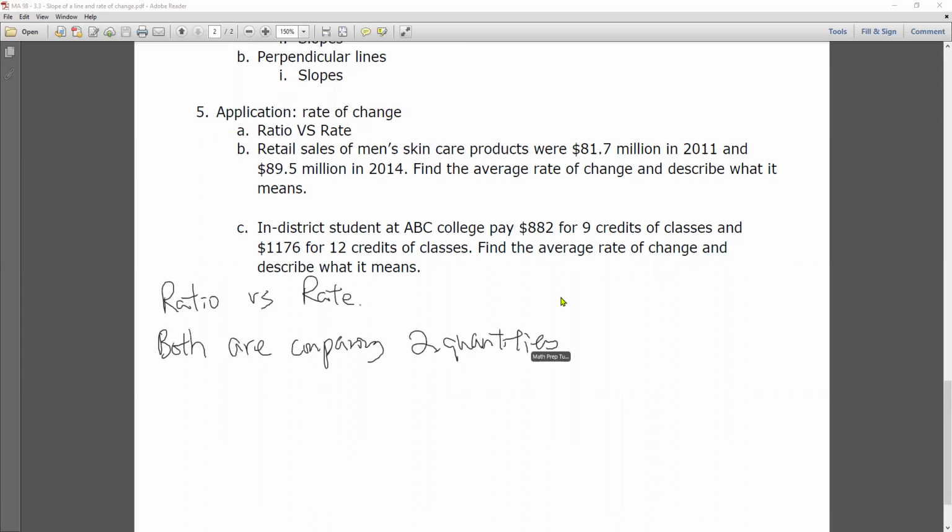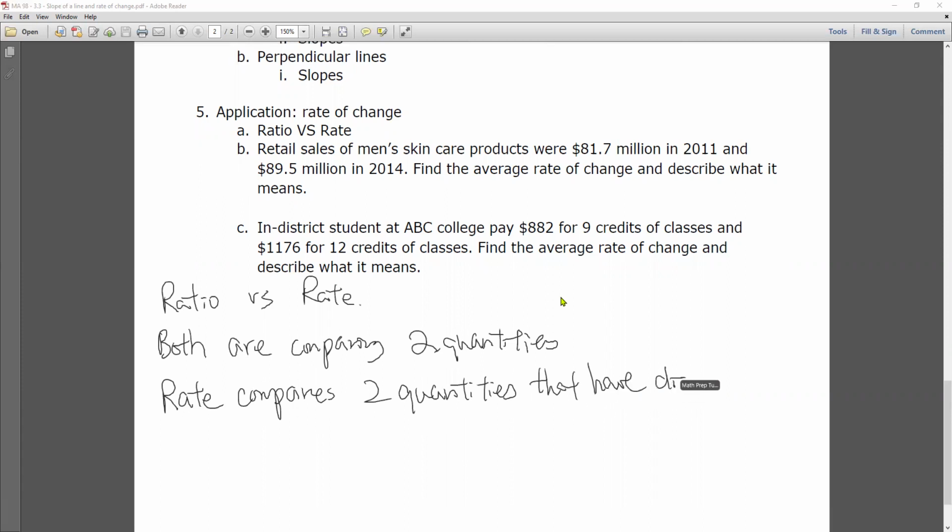However, rate compares two quantities that have different types of units. For example, miles over hour, dollar per hour.